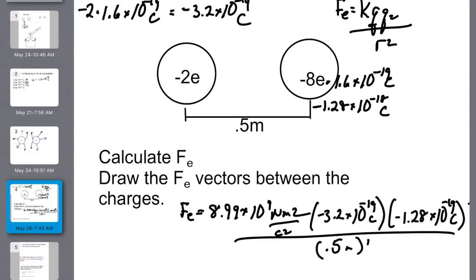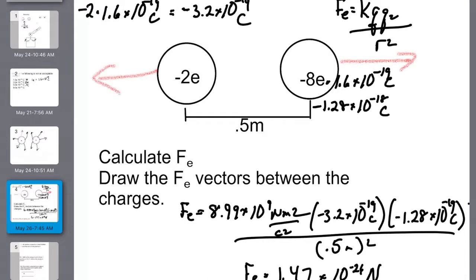Now don't forget to square it. And you find out that your force between them is 1.47 times 10 to the negative 26 newtons. Now, I'm supposed to draw the force vectors on that. So which way are they going to go? Well, they're both repelling each other, so they're going to go that way and that way.